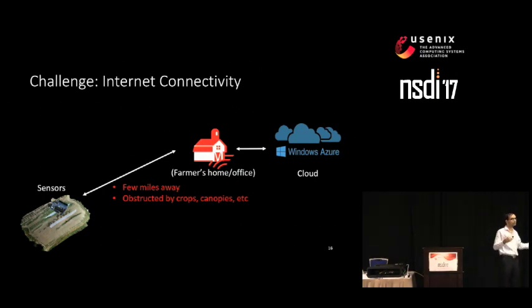These sensors are on the farm, which is typically a few miles away from the farmer's home or office. And this space in between the farmer's home or office and the sensors is filled by a lot of crops, tree covers, canopies, really hard to go through. So how can we extend the connectivity that exists at this farmer's home to these sensors in spite of all these obstructions?